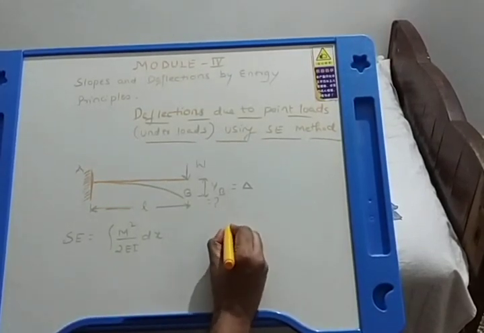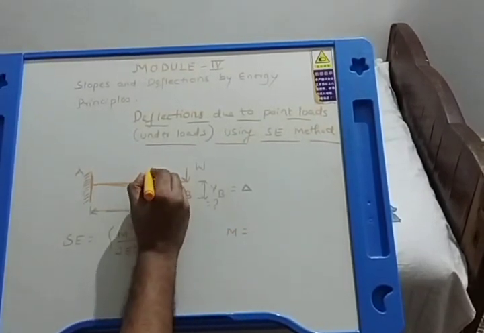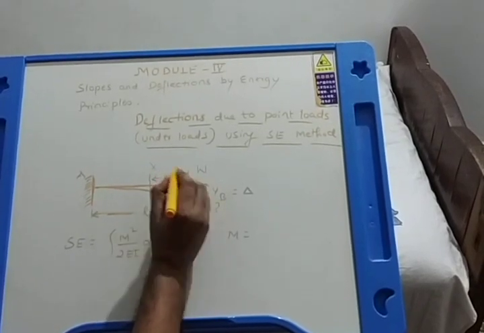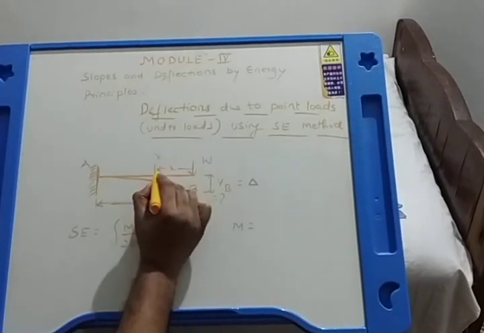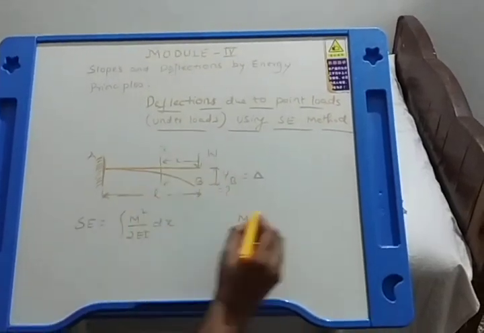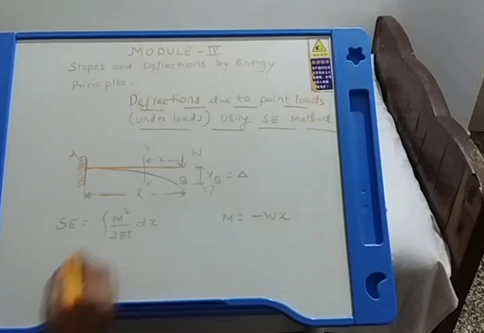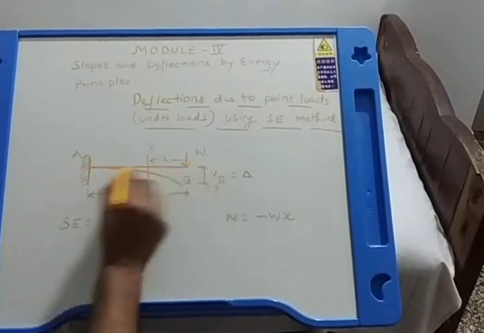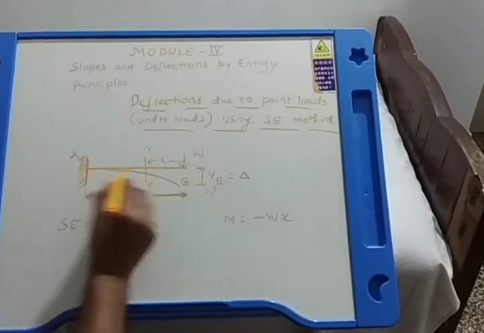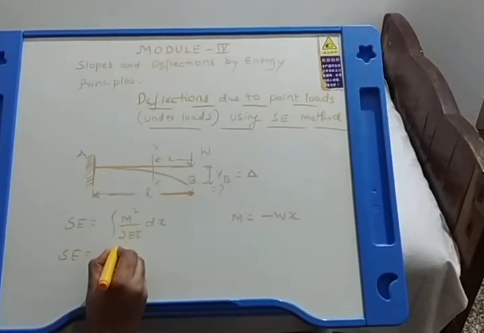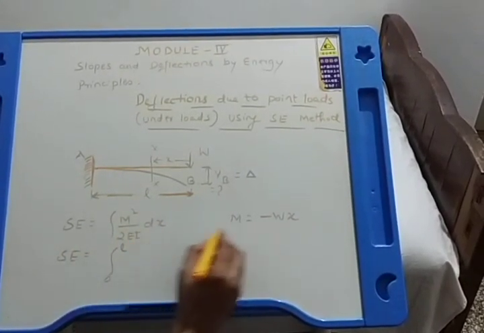Now what is M? If you look at M, bending moment, there is only one load, W into x on the right side clockwise, so minus Wx. This is the bending moment, and the variation will remain the same from B to A. So strain energy will be equal to integration 0 to L, M is what?